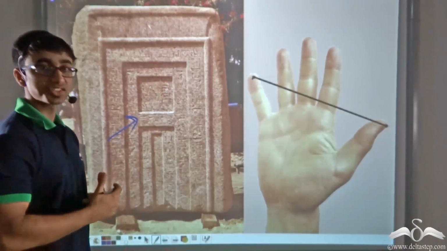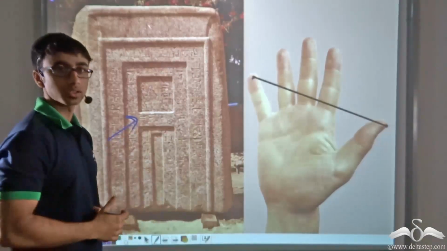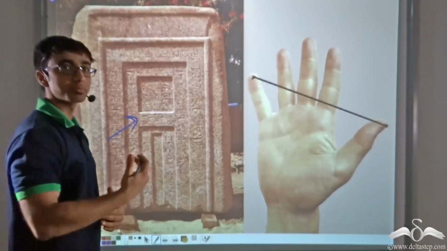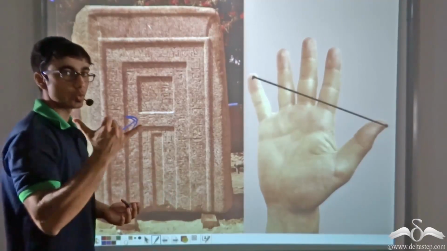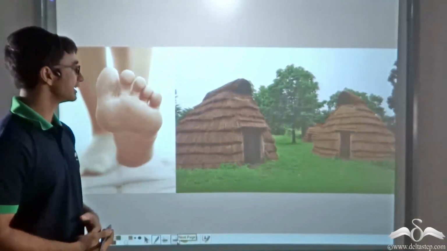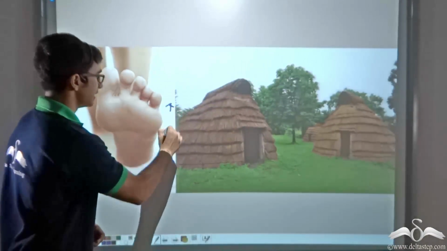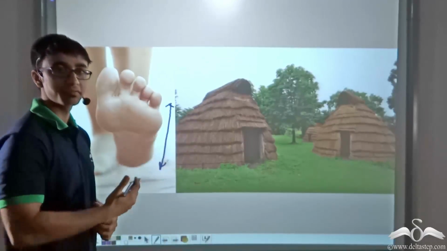Now, what if the distance to be measured was greater? In this case, it is just one block. But what if the distance to be measured was in between two houses? So, in that case, one handspan would be insufficient. In that case, people used the length of a foot and they measured the distance in between feet.